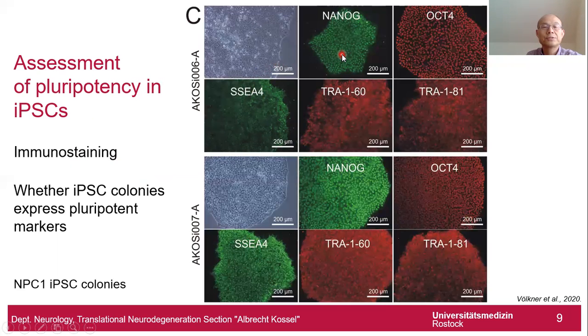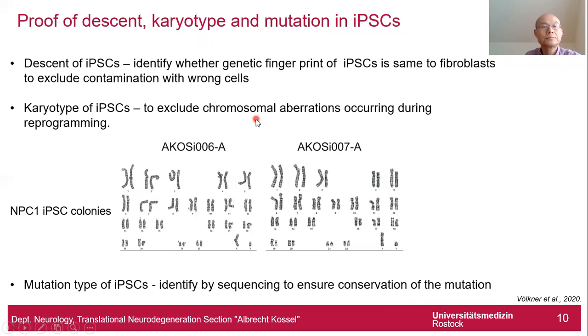This figure shows exactly that the iPS clones can express NANOG, OCT4, and SSEA4 pluripotent markers. And also, the descent, karyotype, and mutation in iPS should be proved, as I mentioned before.